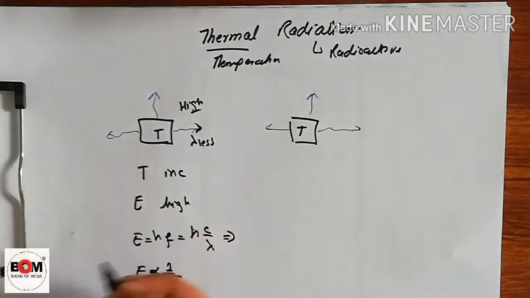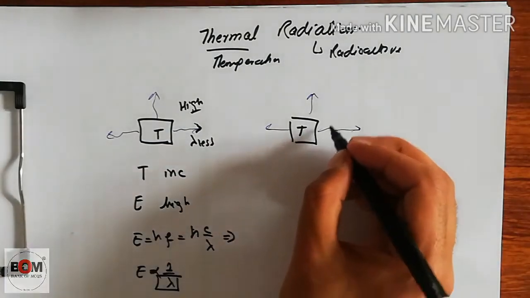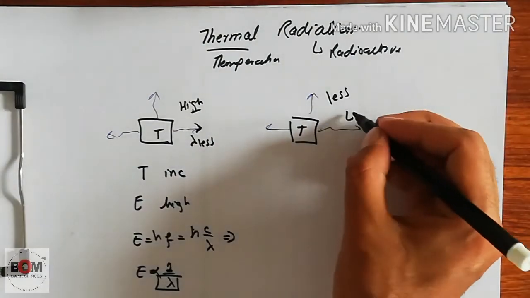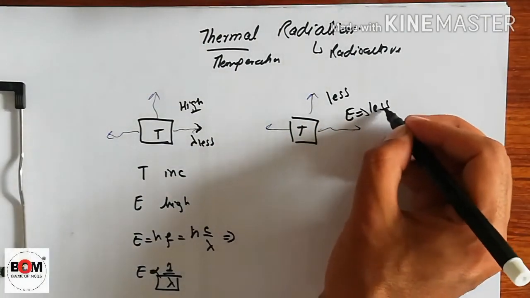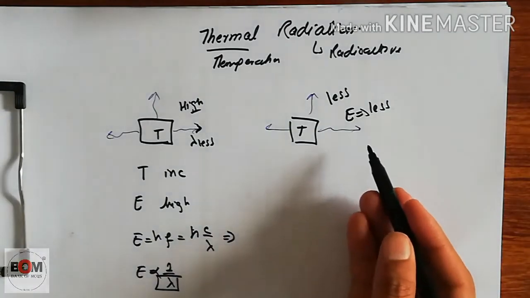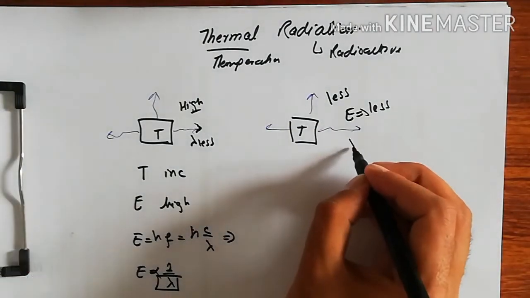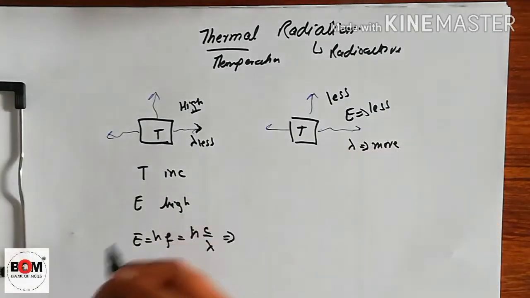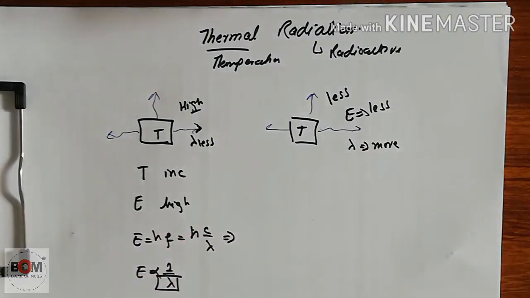In the other case, if temperature is less, the energy of the particles, waves or radiations will also be less, and their wavelength will be more.